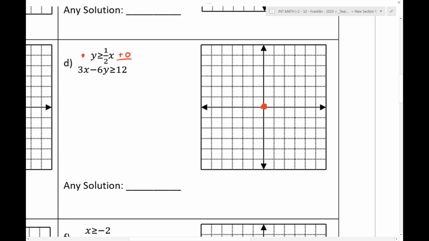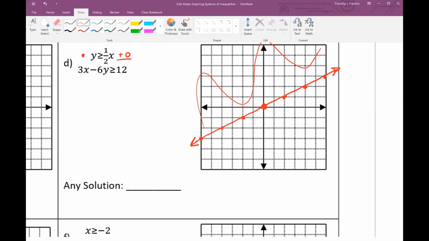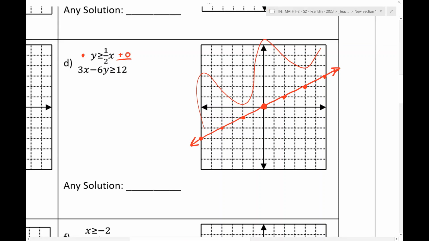And then our slope is 1/2, so up 1 over 2, up 1 over 2, down 1, left 2. Now this line we'll use a solid line because of the equal to bar there. And it says y is greater than or equal to 1/2 x, so it's going to be shaded up here, but we'll save that for the end.